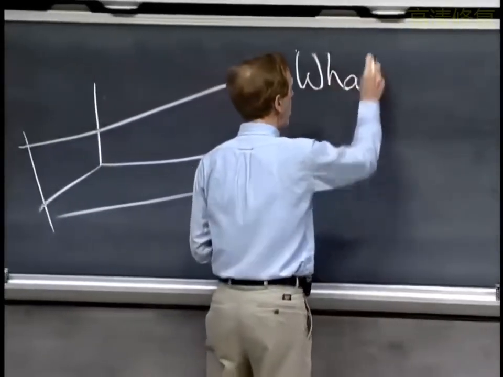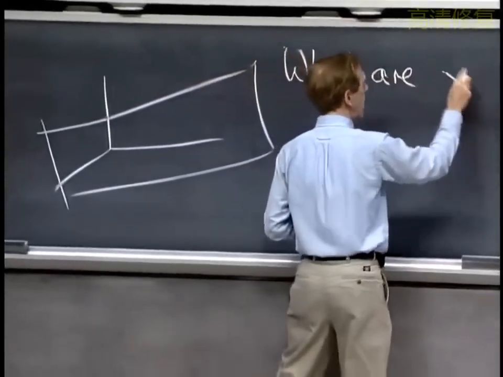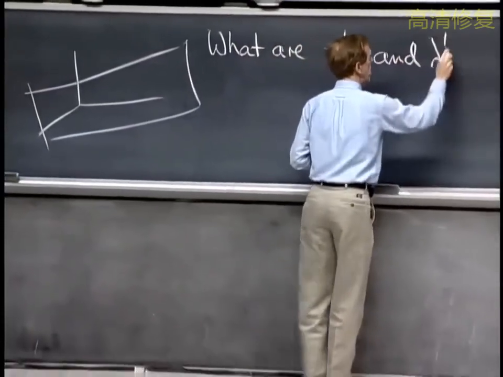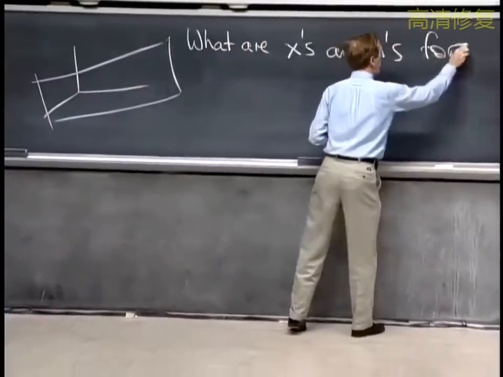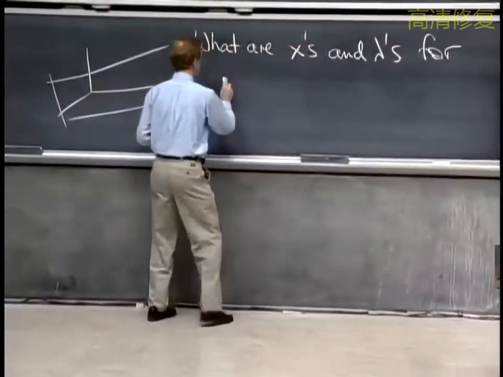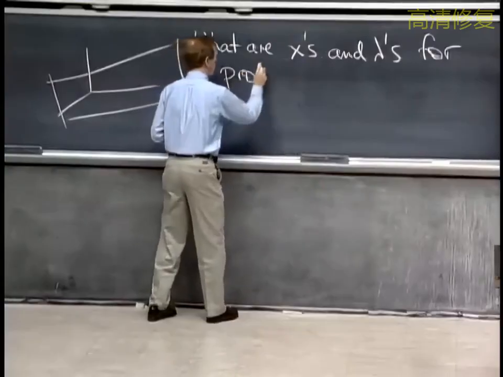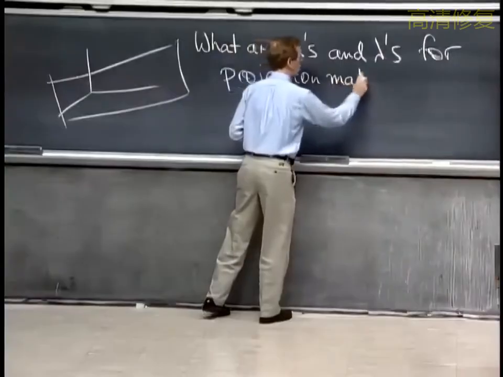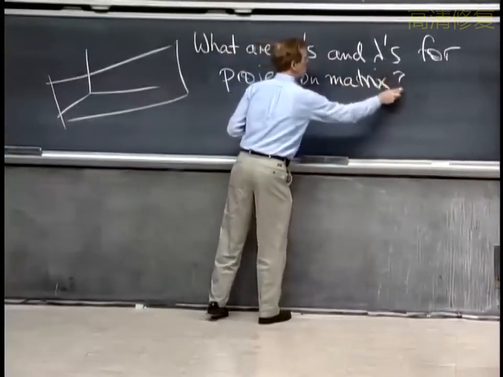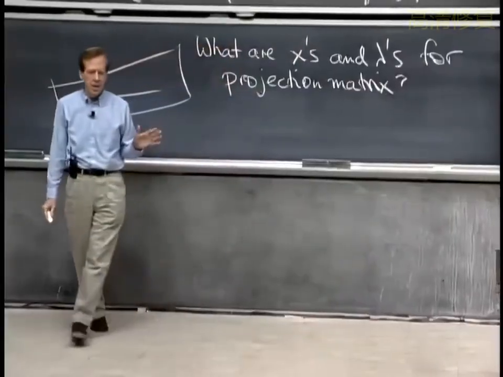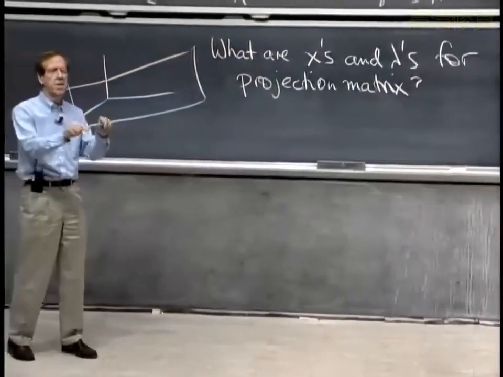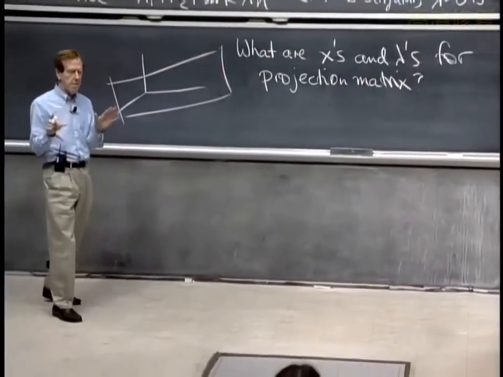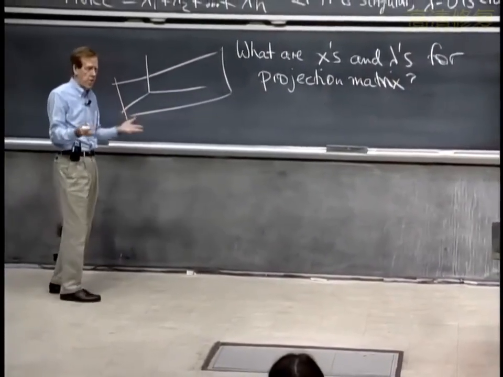What are the x's, the eigenvectors, and the lambdas, the eigenvalues, for a projection matrix? My point is that before we get into determinants and formulas and all that stuff, let's take some matrices where we know what they do.